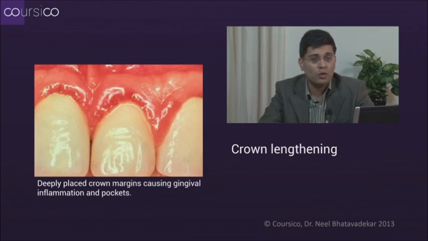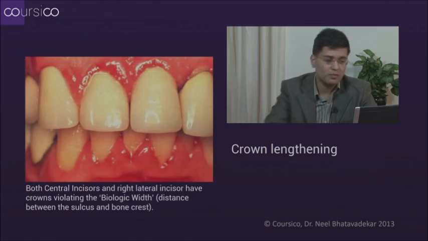They say that the oral hygiene is inadequate or that the patient hasn't followed instructions. However, the truth of the matter is that this is more of an iatrogenic process, wherein the crown margins themselves have been placed too close to the bone margin. So if you start placing crown margins really subgingivally, you will impinge on the attachment of the connective tissue fibers to the tooth, thereby leading to an inflammatory and edematous process around the gingival margins.